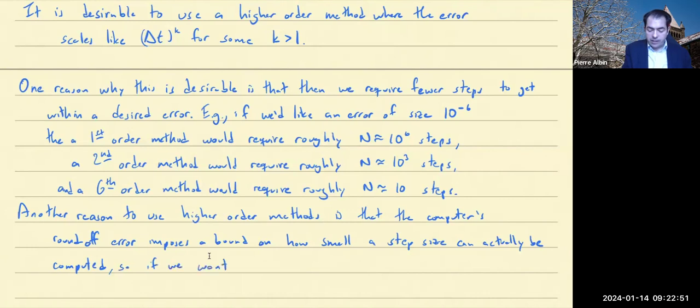So if we want a small error, we can't necessarily just take arbitrarily small steps.